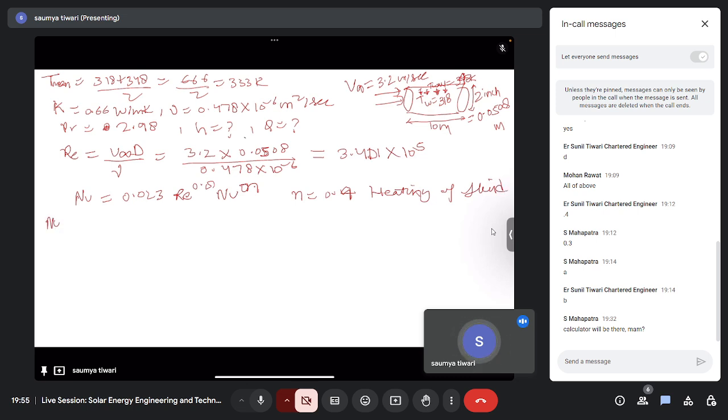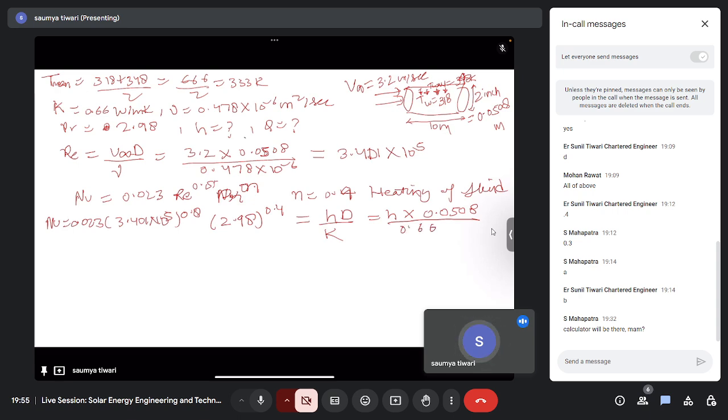So we have the Nusselt number equal to 0.023, Reynolds number 3.401 into 10 to the power 5 to the power 0.8, into your Prandtl number 2.98 to the power 0.4. When we solve this, basically this will be equal to hD by k, which is 0.0508 upon the k value, 0.66.